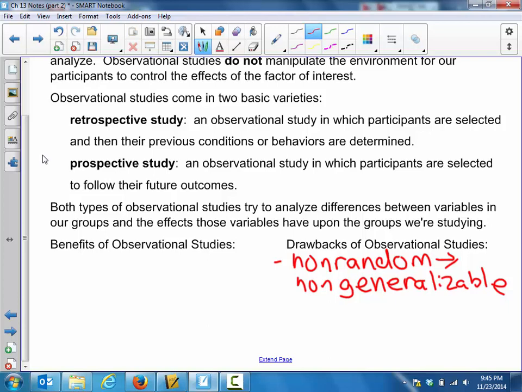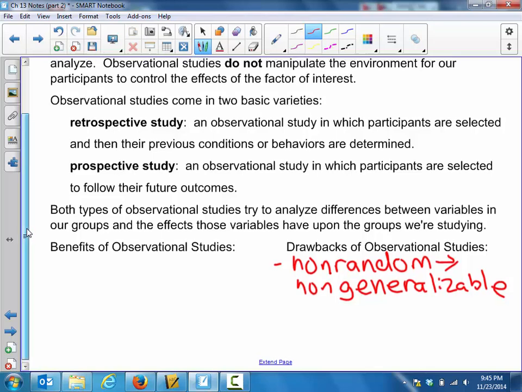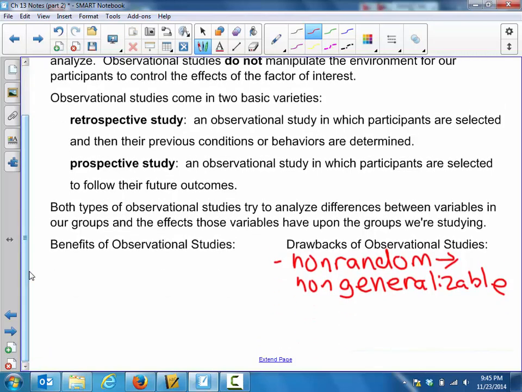We're letting reality run its course. We're not randomizing to remove bias, and therefore we can't make conclusions about drinking milk and its effects upon people's heights for other populations outside of the participants in the observational study.